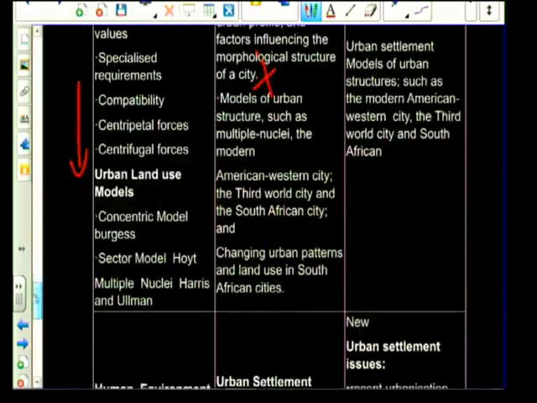All right, land use models. All these models are put in. We have covered in the past, sometimes, your South African city or your third world city, and your teachers did so, but it was not necessarily tested to a great extent. Here we're saying we are covering it.